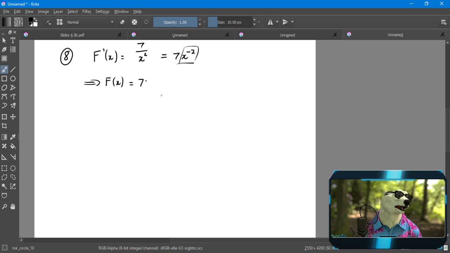Now I know the power rule works for any exponent, but it's not 0, of course. Let us see. So where would x to the negative 2 come from as an answer when I use the power rule?